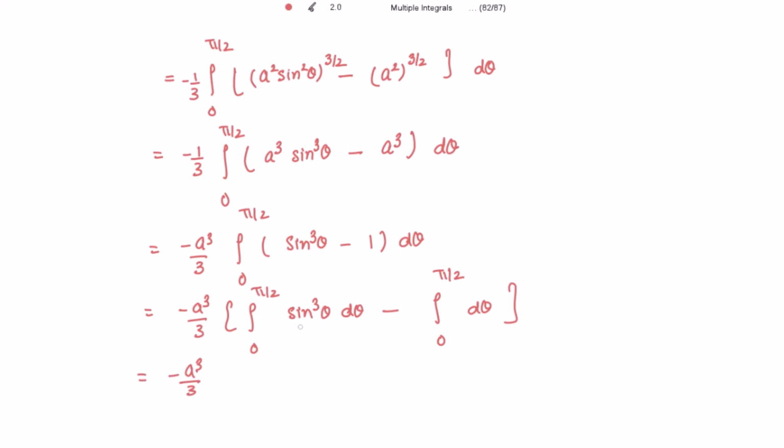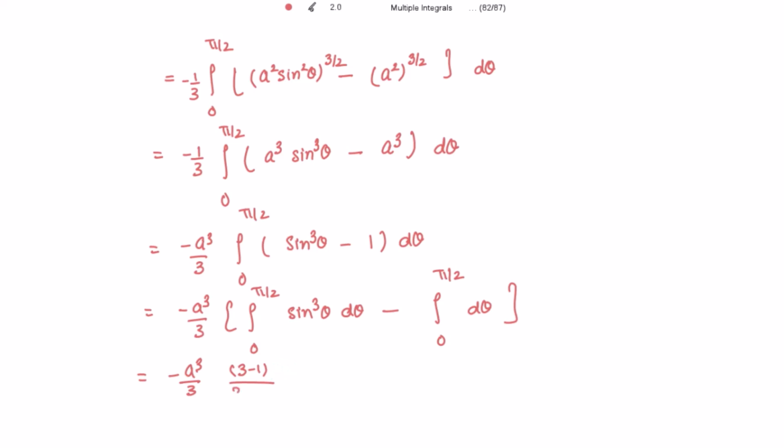Now to use the reduction formula, we know that the power is 3. This is an odd power. So in the numerator, we always subtract the power with odd numbers. So this is 3 minus 1, and 3 minus 3 is not required.